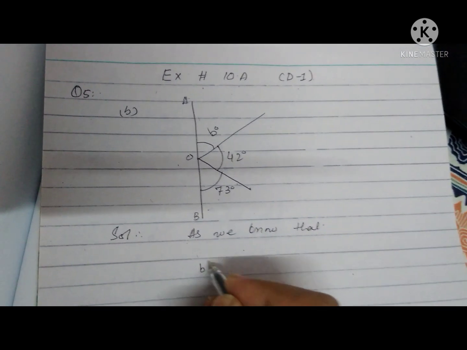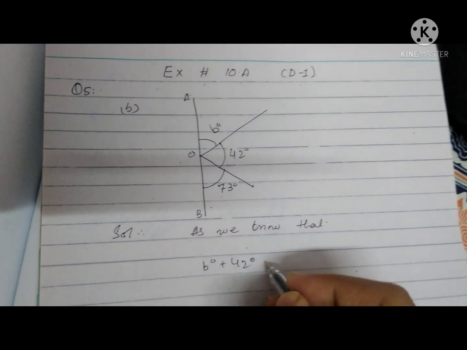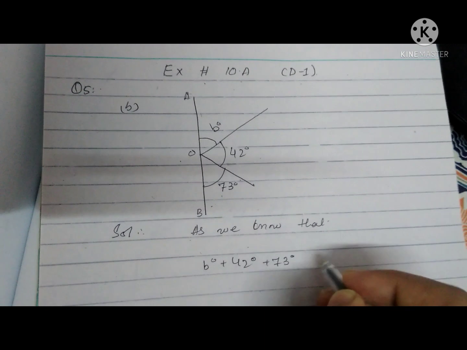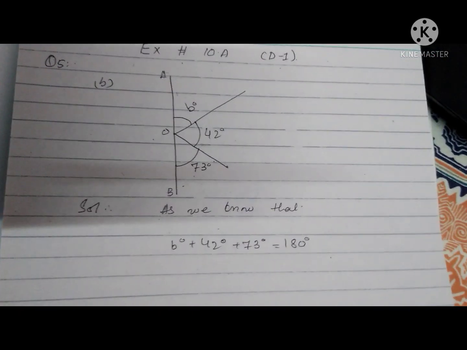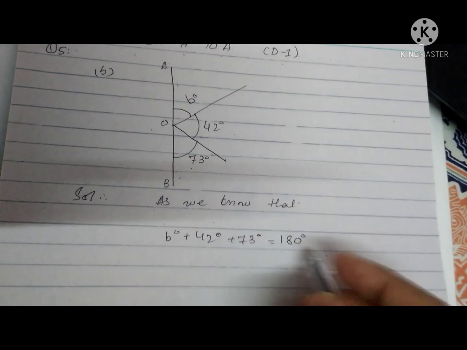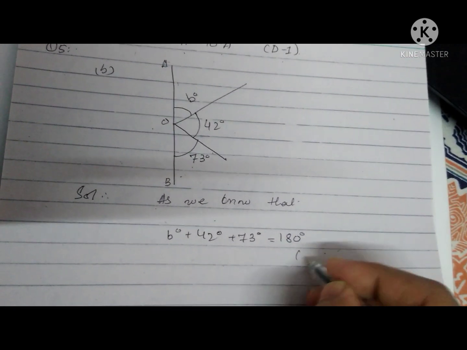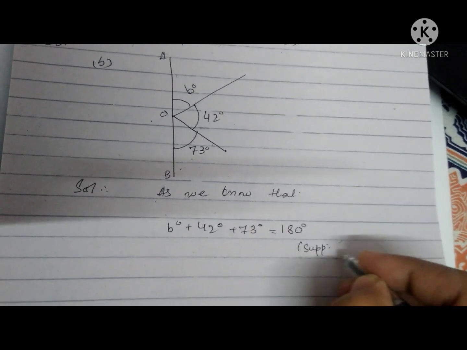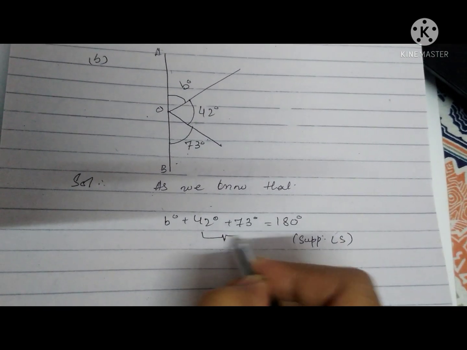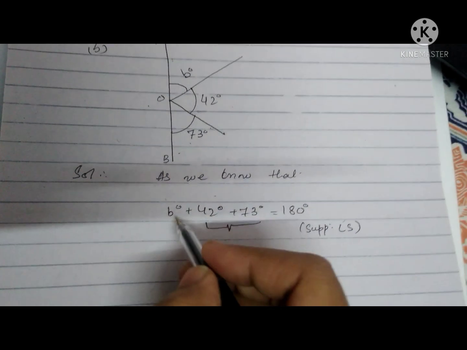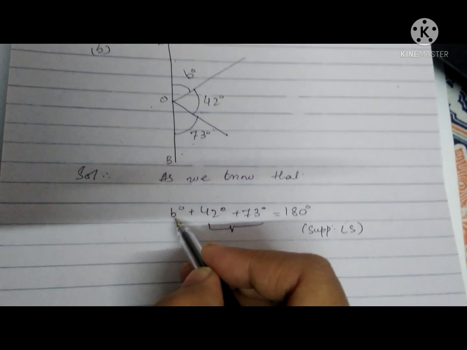It means B degrees, 42 degrees and 73 degrees must be equal to 180 degrees because of this straight line. So they are the supplementary angles. You can write the property also. They are supplementary angles. Now what you have to do, you have to add them because they are like terms. We are finding the value of B.